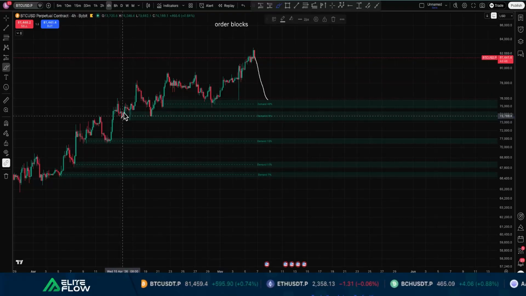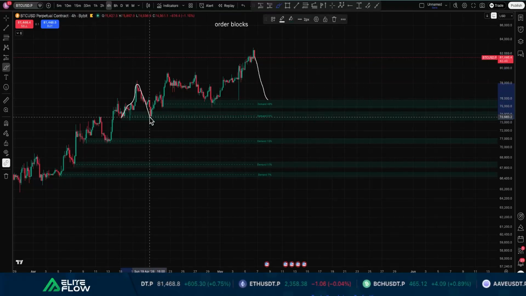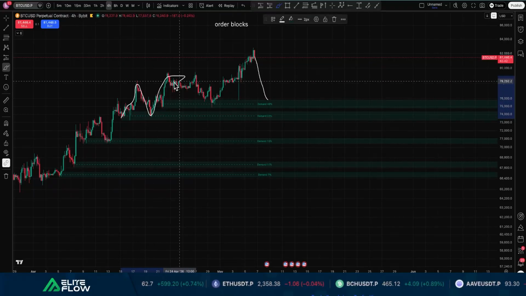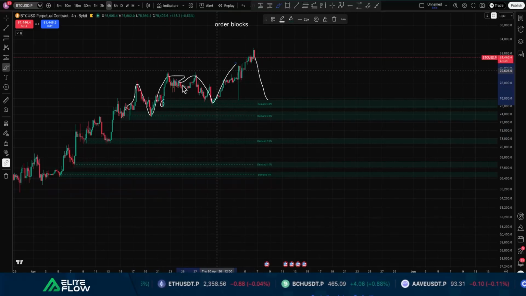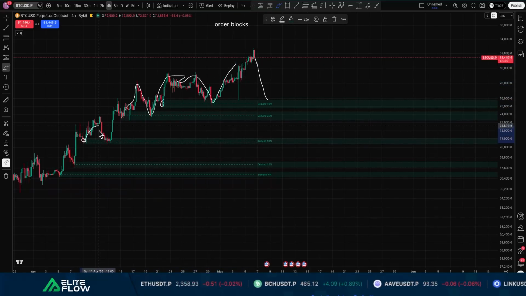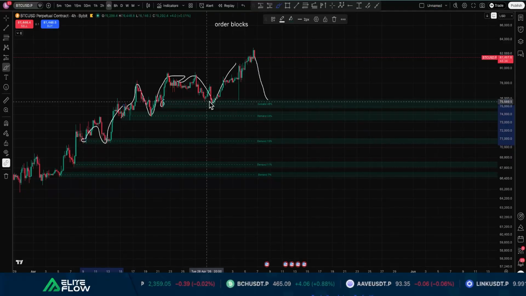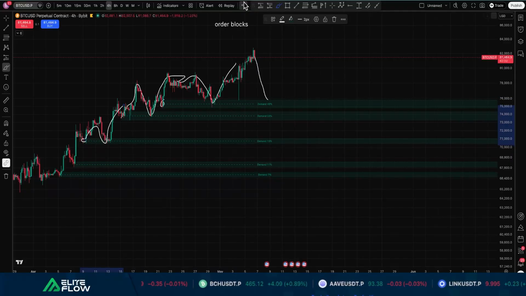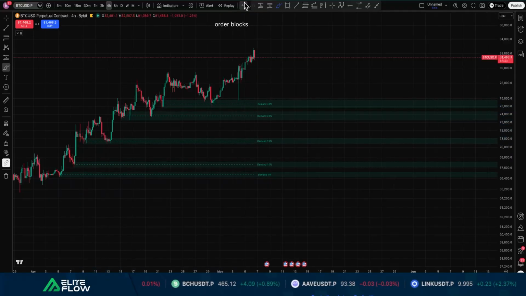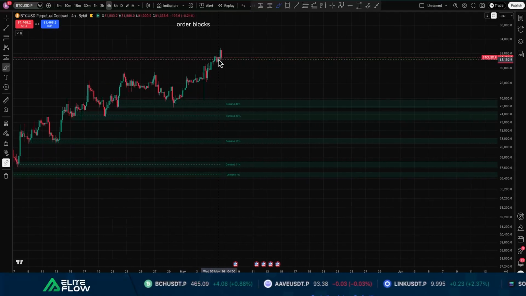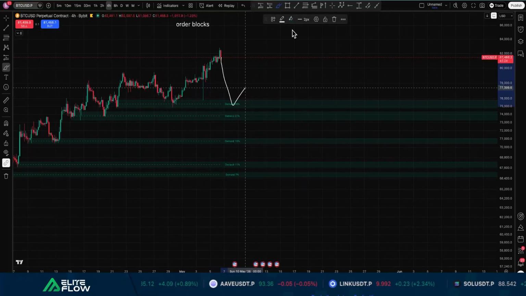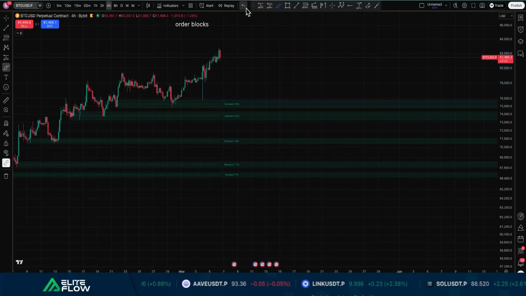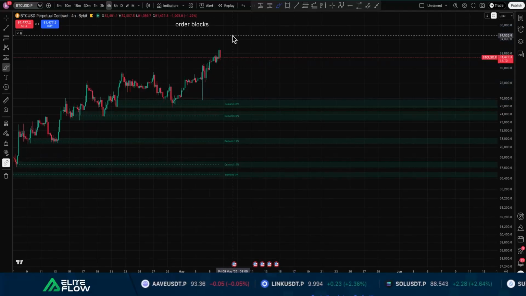We can see here, created it, on the retest, big move up. We've created one on the retest, big move up. We've created one on the retest, we had a big move up. They give you big moves up because that's places where there's a lot of transactional value. There's a lot of money there that's waiting, and as soon as you hit it, it's going to be a high reaction zone.